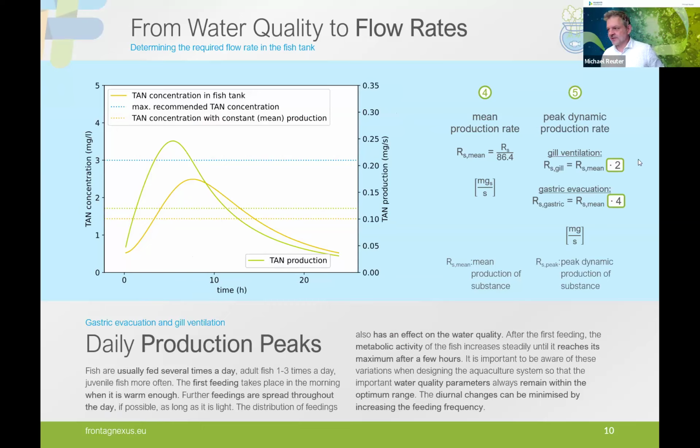For substances that are exchanged via the gill, like for example ammonia, the peak will usually be twice the amount of the mean rate. And for substances evacuated by the intestines, it will be about 4 times as high.